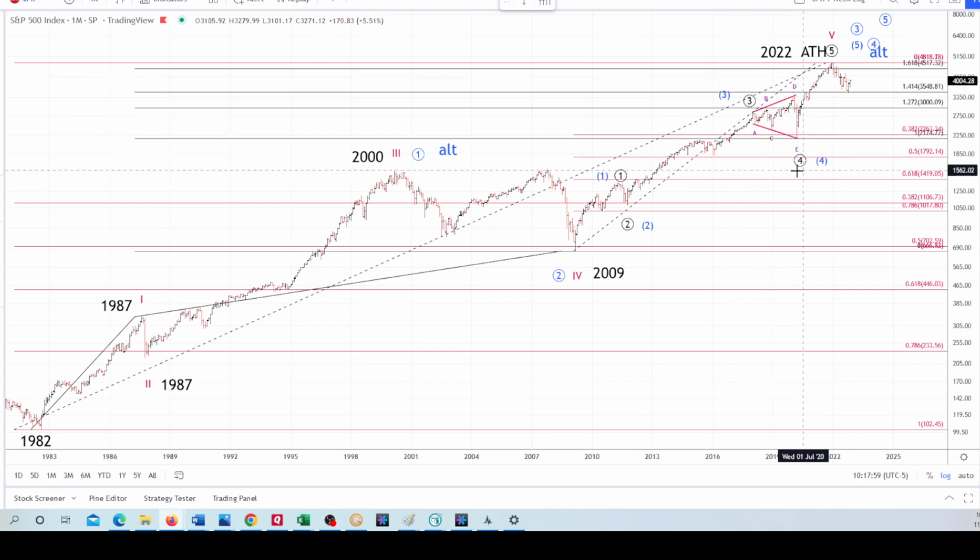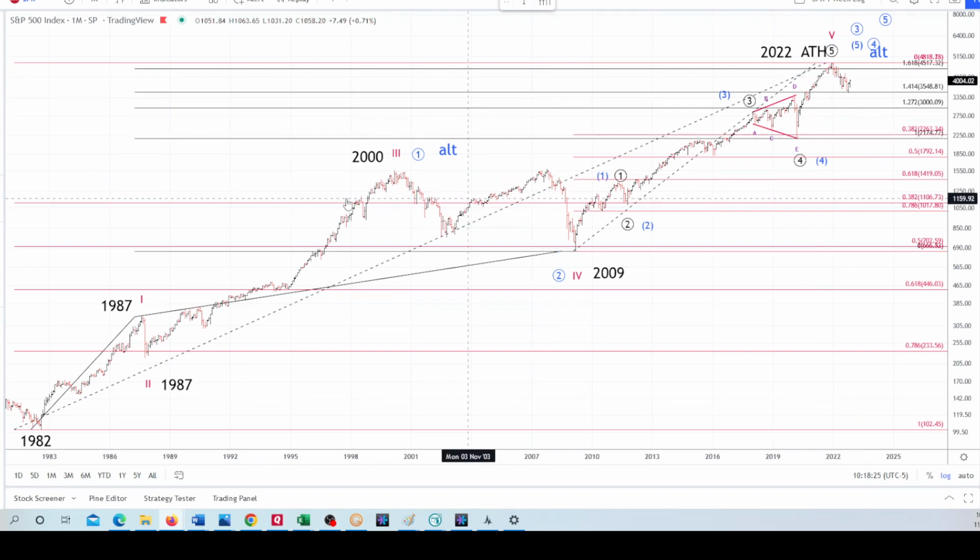So that was 4 with a circle, and there is 5 with a circle, okay, which completes the Roman numeral red 5. So if you follow along in Roman numerals, we've got a 1 up in red, a 2 down in red, a 3 up in red, a 4 down in red, and a 5 up in red to the 2022 high.